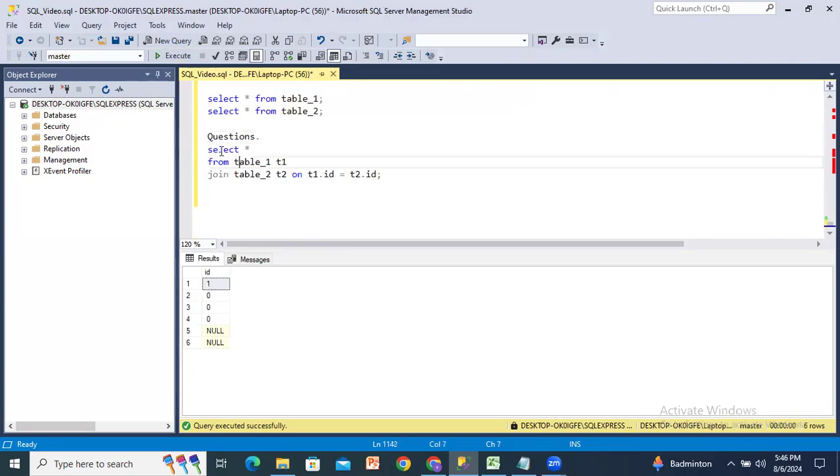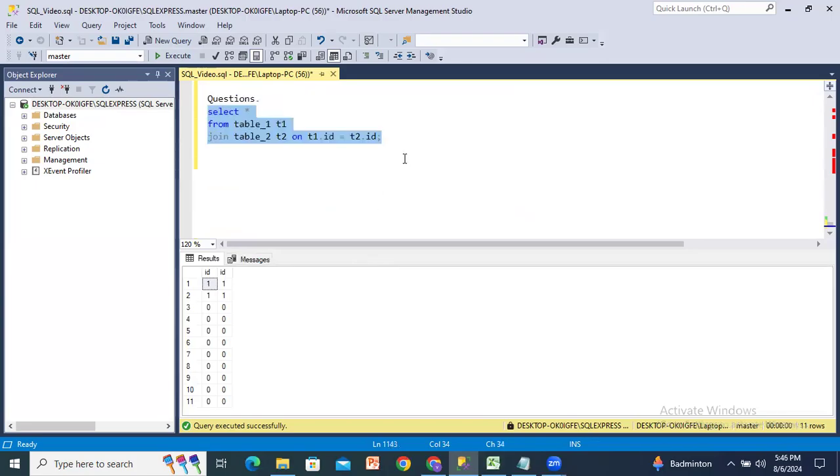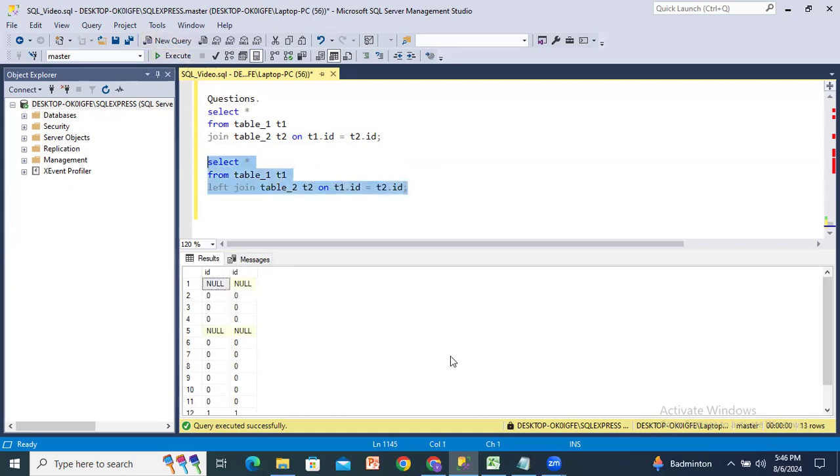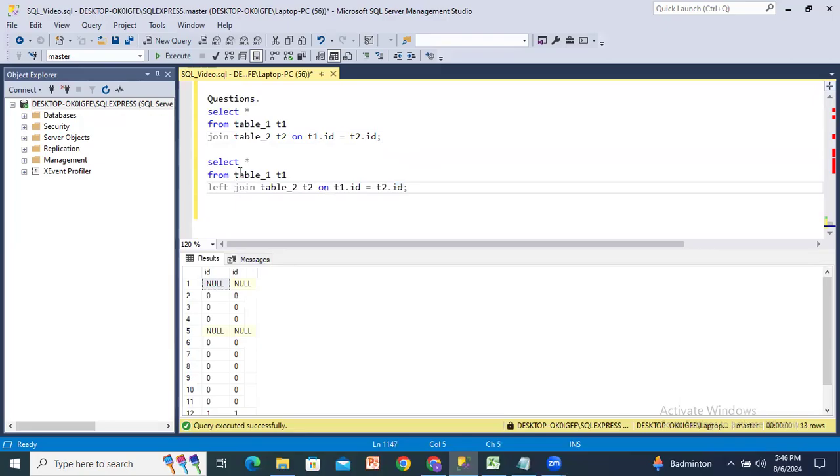Now we'll check with the inner join. Inner join, how many records? 11 rows. So we are getting 11 rows. And similarly, we'll copy and paste here. Left join. So with left join, we get 13 records. Similarly, right join.